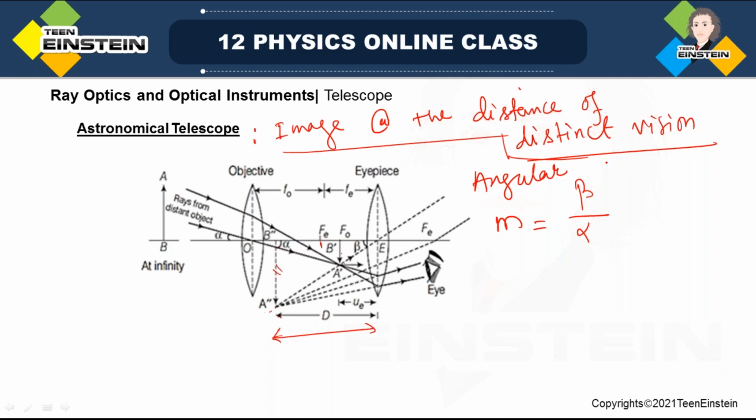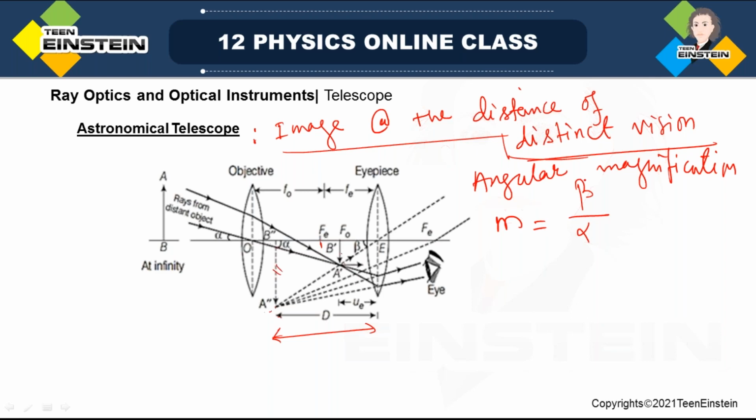We have already defined angular magnification for the microscope. If it were linear magnification, you could write v by u, for length. But angular magnification is determined by the ratio of two angles. What are the two angles?